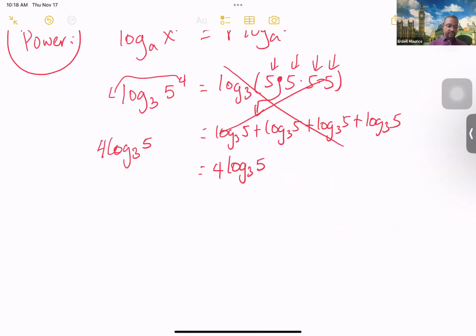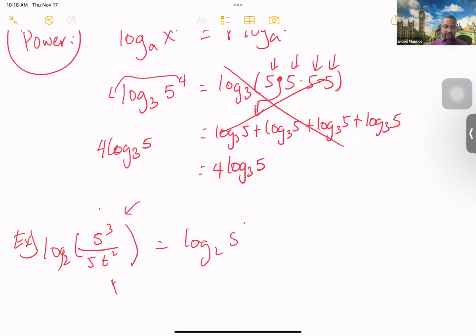So when you have an example, log base 2 of s to the 3rd power divided by 5 times t squared, positive, negative, this is going to be log base 2 of s to the 3rd minus log base 2 of 5 minus log base 2 of t squared.